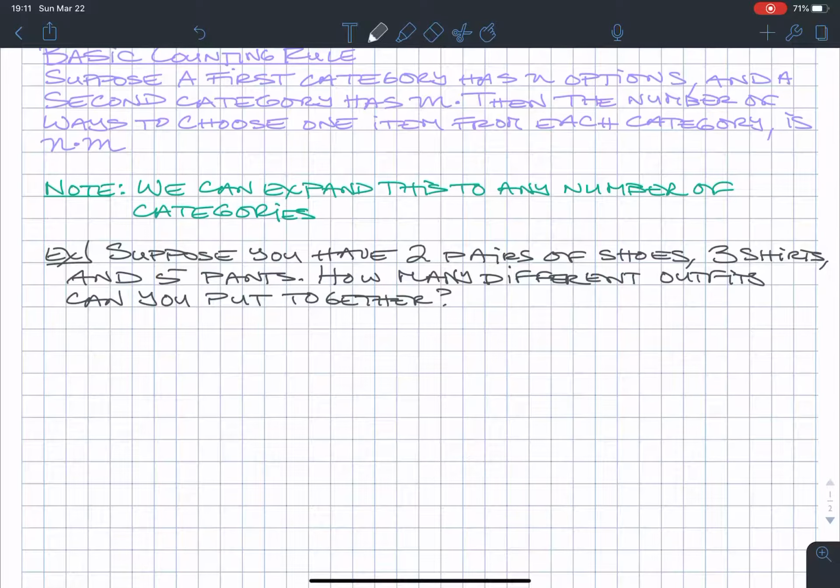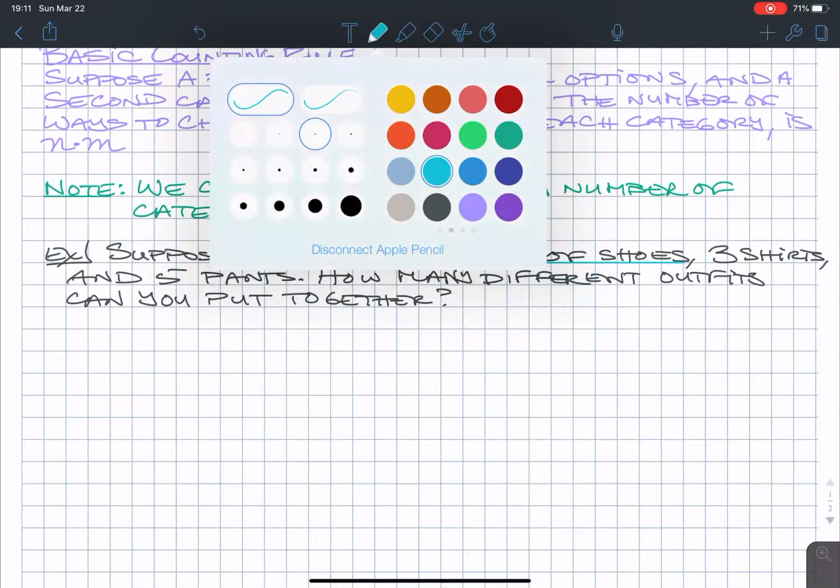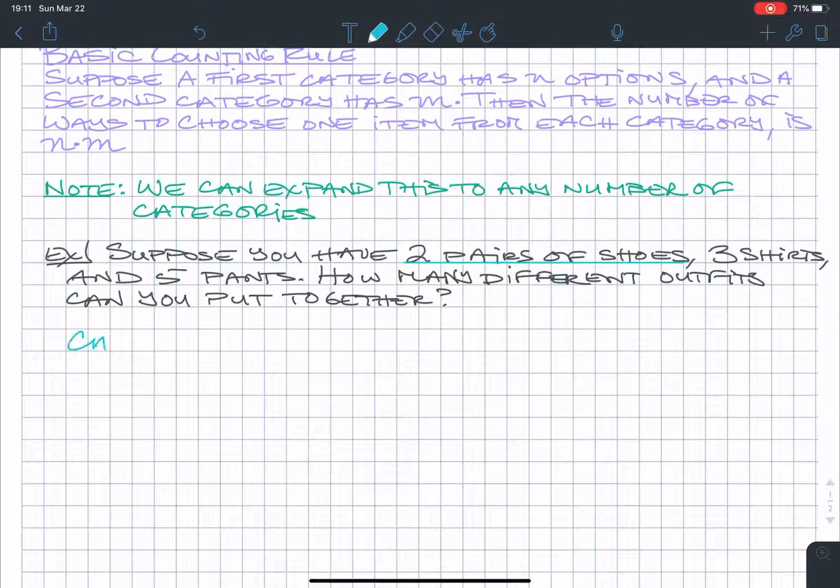Okay, so I have 3 options here. First, I have 2 pairs of shoes. So I'll call it category shoes, how about that? The number of options is 2, right? And now let's look at the category of shirts.